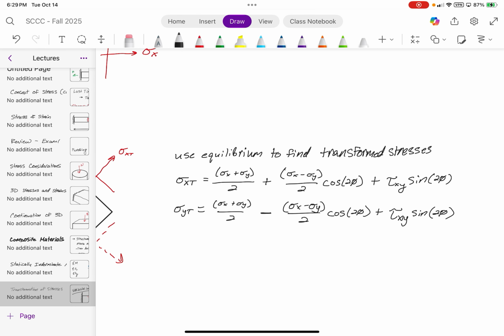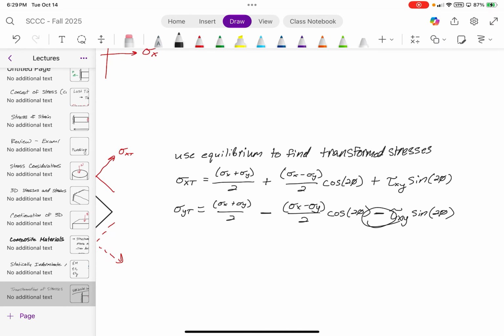Everyone follow so far? I'll give you guys a minute to write down the rest. Let me know when you guys are ready to proceed. Oh, whoops. I had just said they're minus signs.